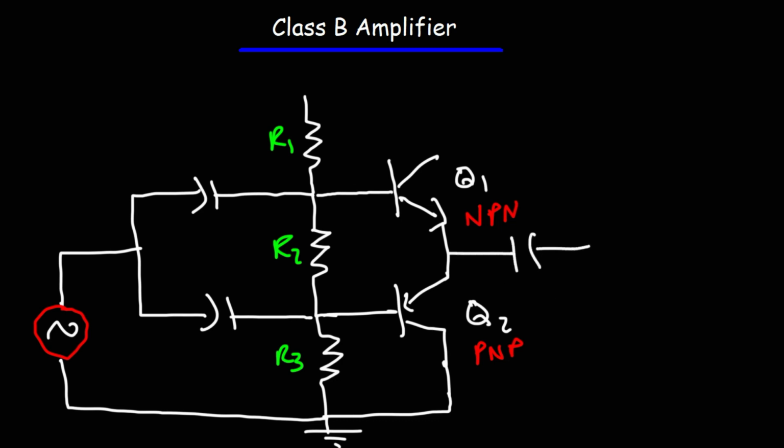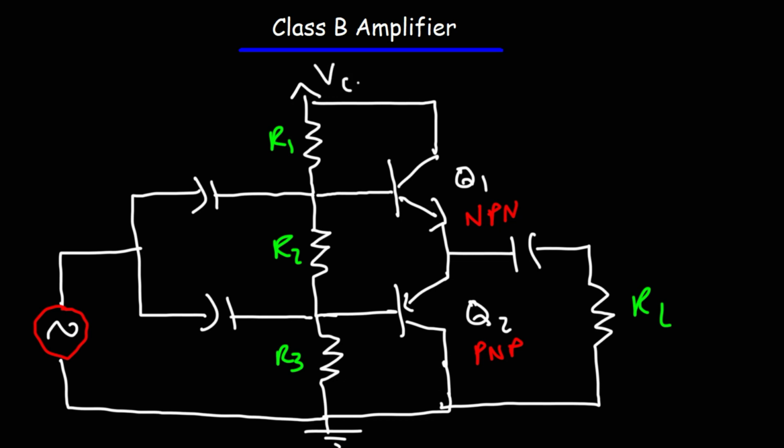The output is going to be taken across the load resistor. And here is the collector supply voltage, VCC. So this is the circuit for a Class B amplifier.